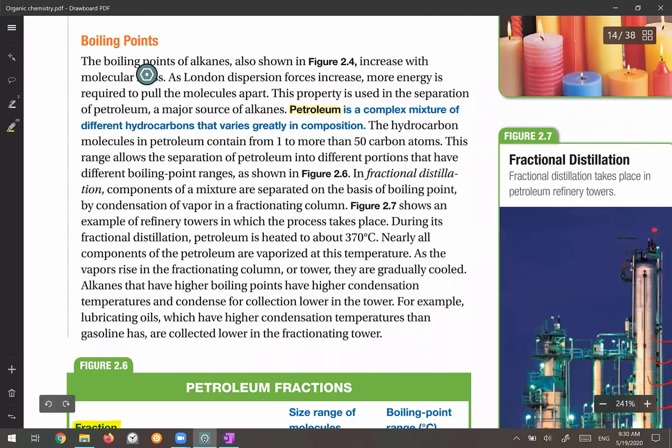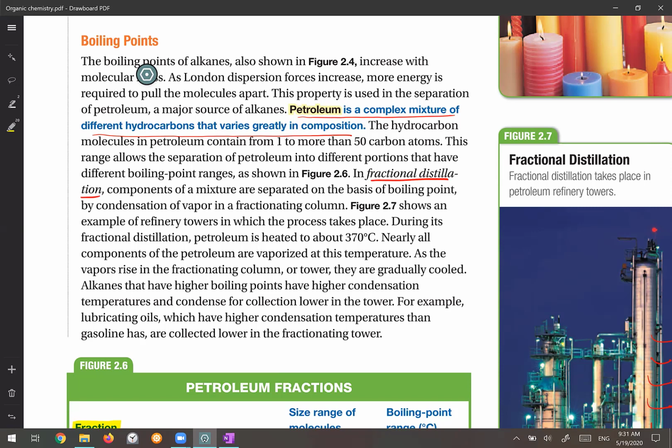It says the petroleum is a complex mixture of different hydrocarbons that varies greatly in composition. So different numbers of carbons are available in petroleum, and we have to separate them. We use fractional distillation for separating them.